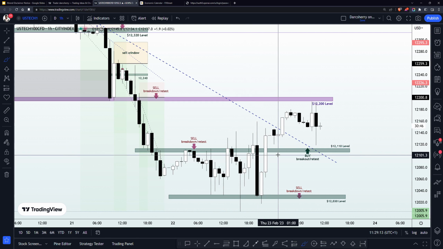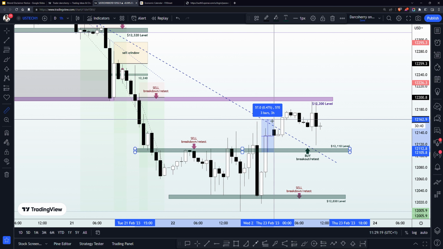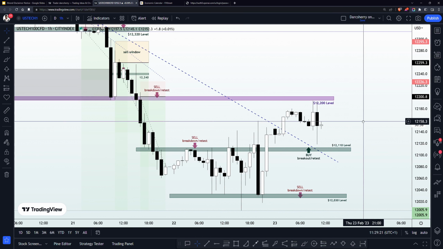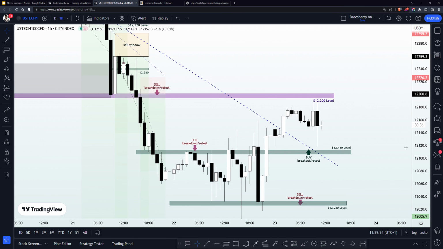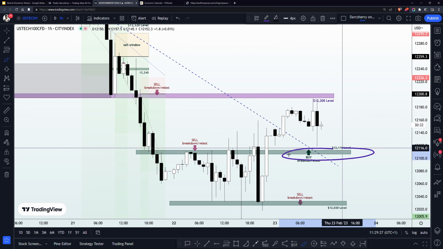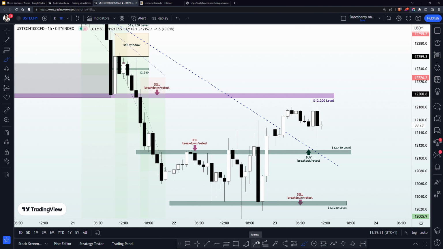And if you had caught that move and you're still running in that market, you will be in profit of about 53 pips at this point. So my advice right now is to move your stop loss to your entry point now. Secure the current position as we continue to monitor the price action.